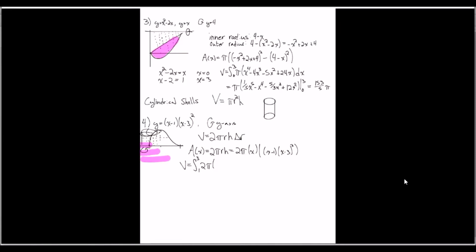Once we FOIL it out, this leaves us with x to the 4th minus 7x to the 3rd plus 15x squared minus 9x dx.